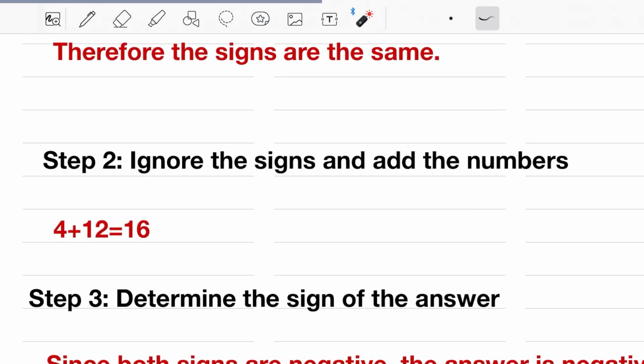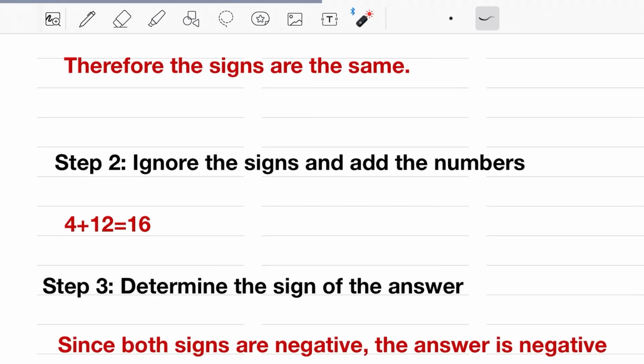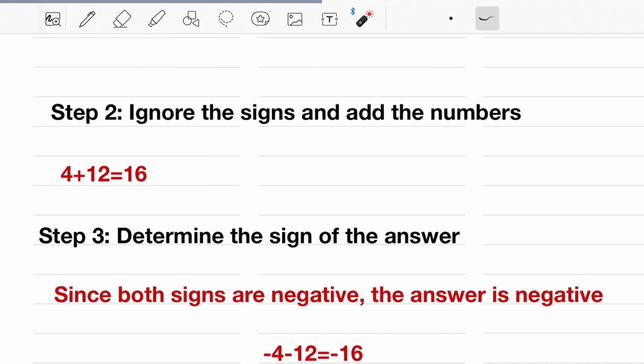When you have the same signs, the sign of your answer is going to be the sign that the two numbers have. Since both the signs are negative, the answer must also be negative. So therefore, our answer is negative 16.